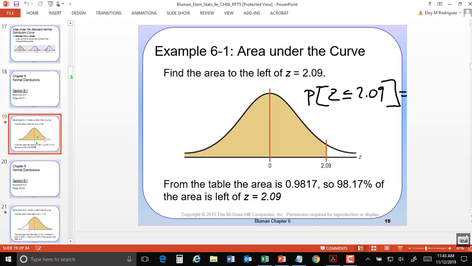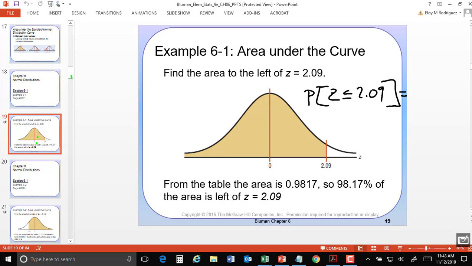So we're going to look on our table. Given that it says z, we know that that's the case.